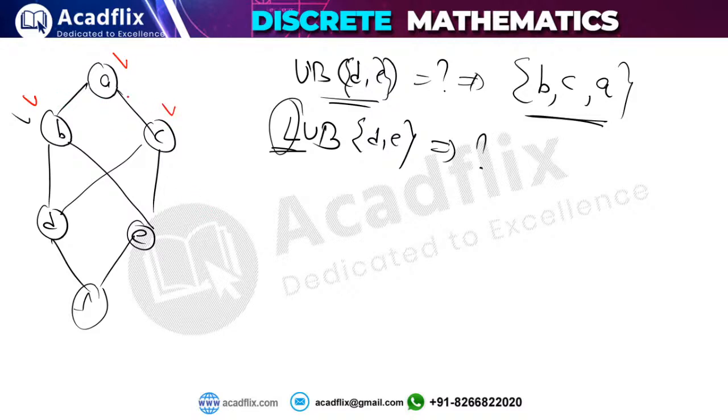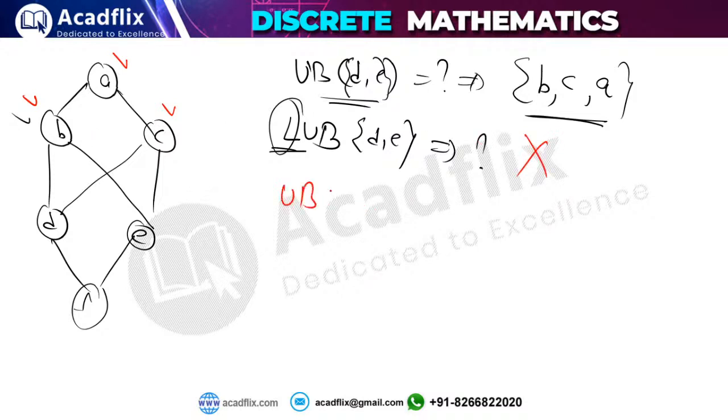There is no least element, because B is not related to C and C is not related to B. So there is no least upper bound.